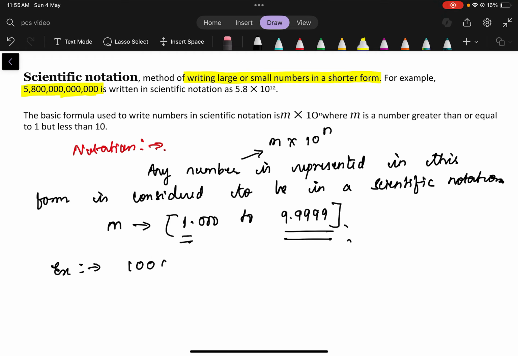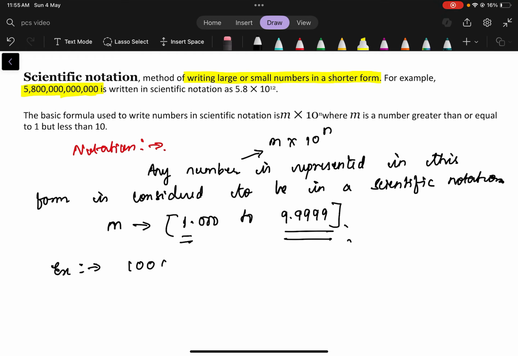So these are the numbers written in terms of scientific notation. This n over here is an exponent, which can have positive or negative values.